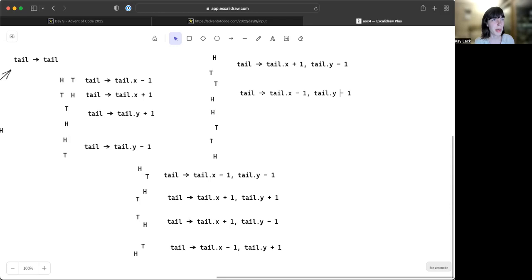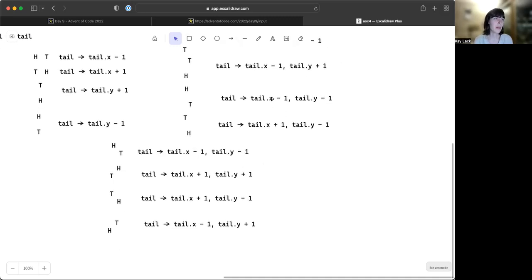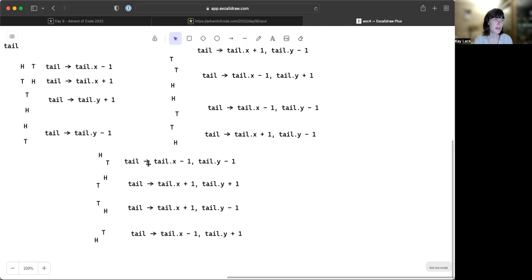Tail x minus 1, tail y plus 1, tail x minus 1, tail y minus 1, tail x plus 1, tail y minus 1, which is actually the same as here. So these two are the same.